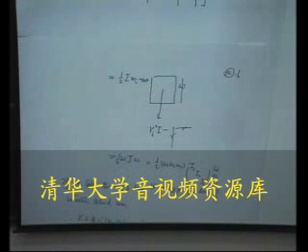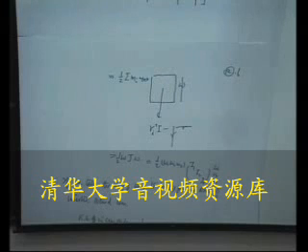So therefore it's equal to plus I2 omega 2 squared plus I3 omega 3 squared.